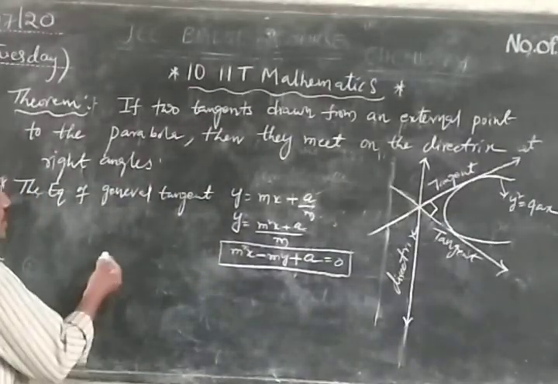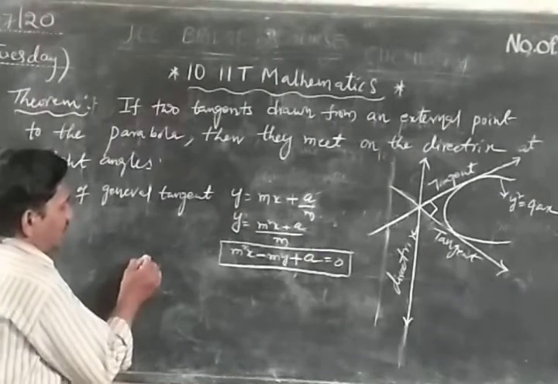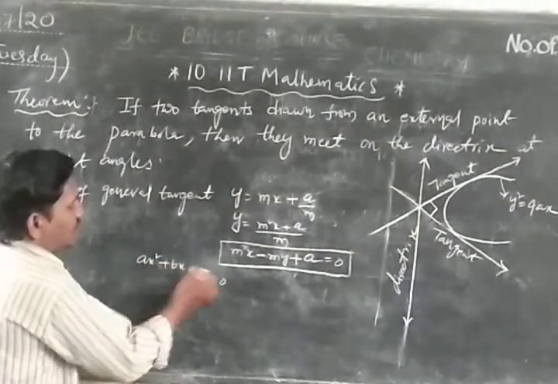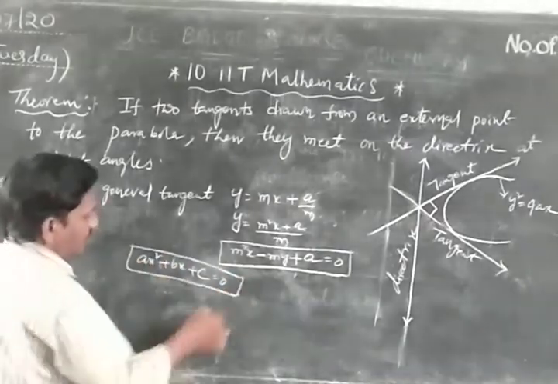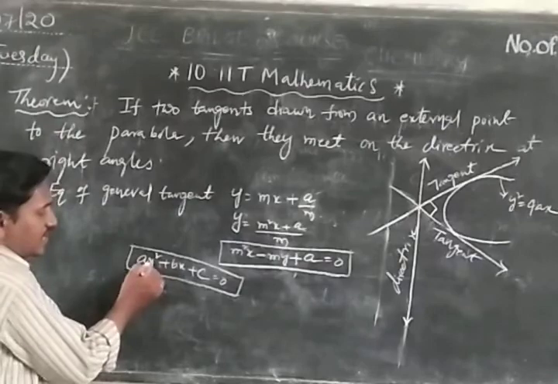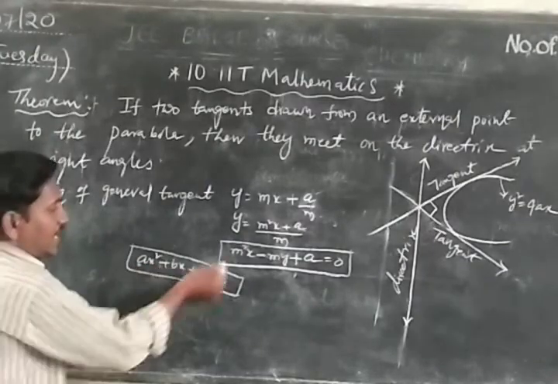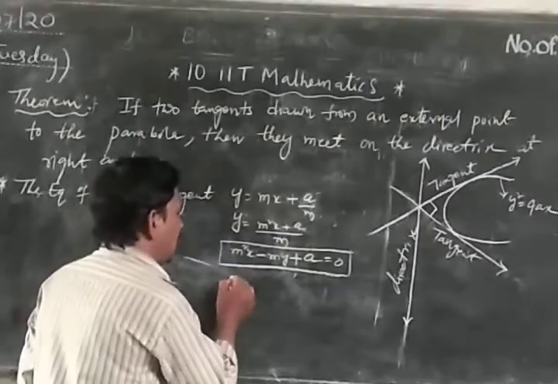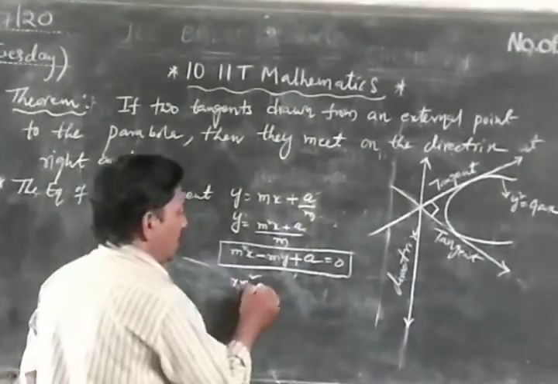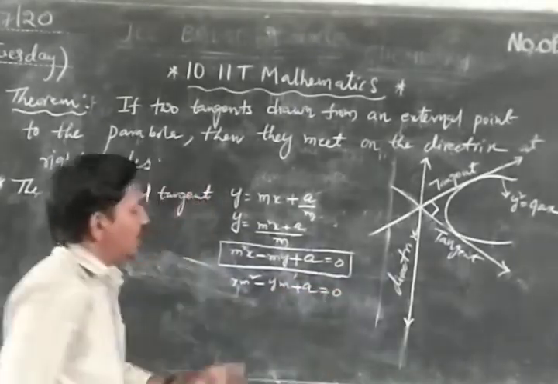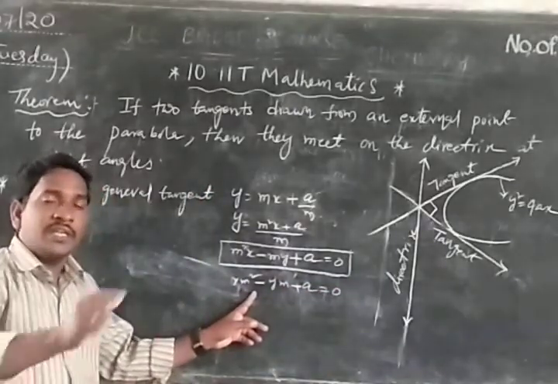Why? Because we have a quadratic equation ax square plus bx plus c equal to 0. This is a quadratic equation in x. What is the coefficient here? a. What is the variable here? The single variable x. Here, m square x minus ym plus a equal to 0 is the quadratic equation in m.